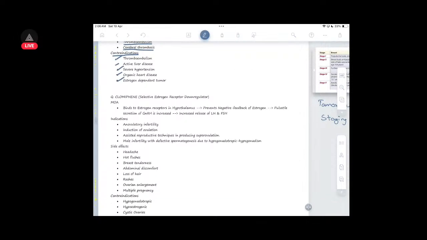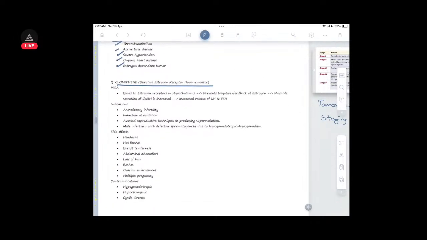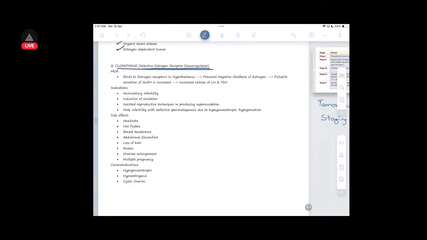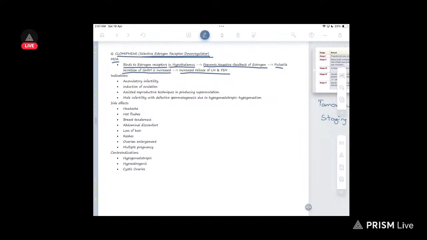Then we talk about clomiphene, which is a selective estrogen receptor modulator. Mechanism of action: it binds to estrogen receptors in the hypothalamus and prevents negative feedback of estrogen. Pulsatile secretion of GnRH is increased. Increased release of LH and FSH is noticed.